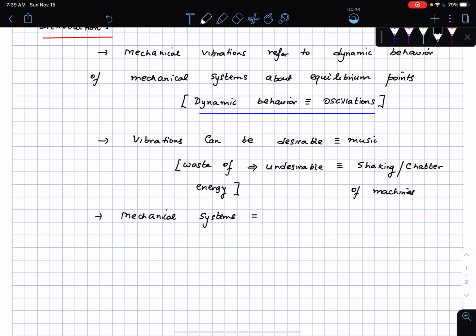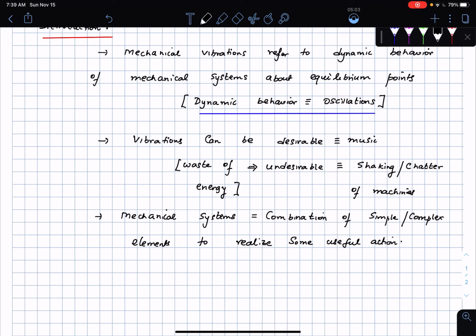So this is nothing but a combination of simple and complex elements to realize some useful action.